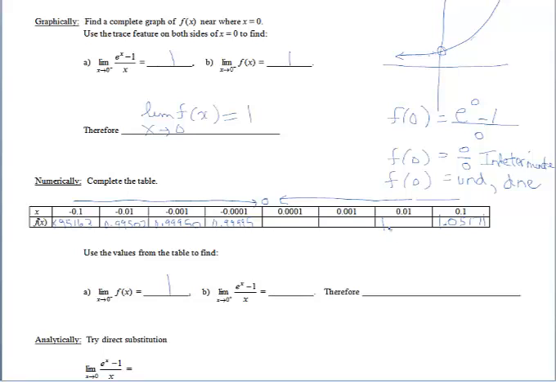When I move closer to 0 from the right, 1.00517, 1.0005, and 1.0001. So down here, when we're asked to use the data to answer this question, as x approaches 0 from the right, the y's are also going to 1. So we can say, therefore, the limit of the function is 1.